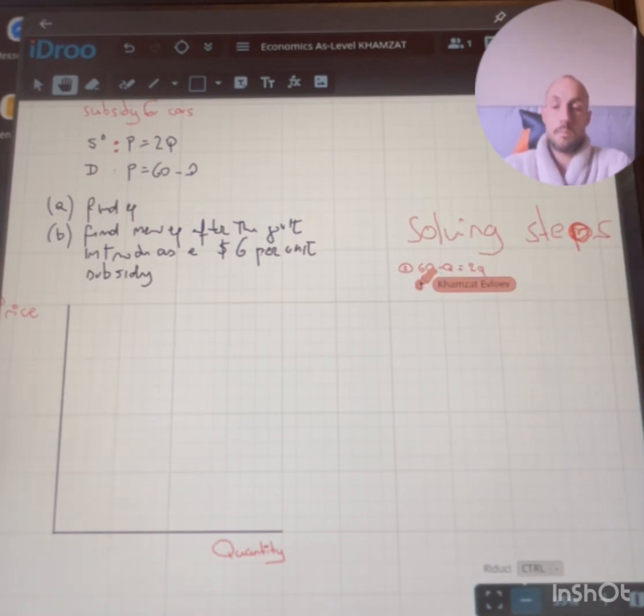So 60 equals 3Q. So Q equals 20. And P equals? P is equal to 10. No, 40, sorry. Yes.